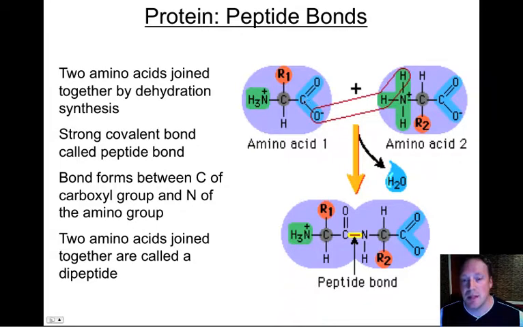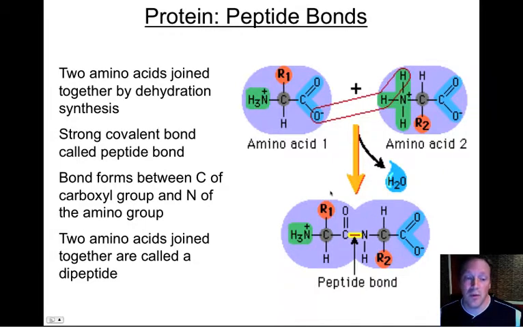So the carbon from the carboxyl of this amino acid will link with the nitrogen in the amino group of the second amino acid. The result is what we call a peptide bond. It's a bond between the carbon from the carboxyl and the nitrogen from the amino. And now we have this amino acid 1 linked chemically to this amino acid.